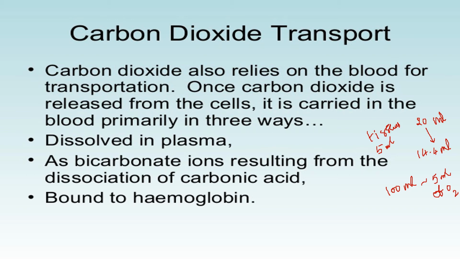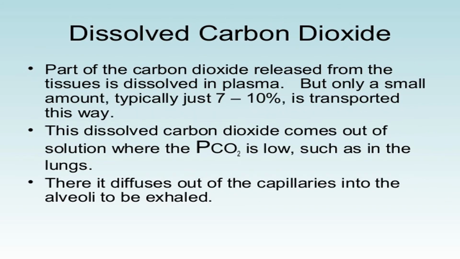Now the next is the transportation of carbon dioxide. The transportation of carbon dioxide usually happens in three different ways: in dissolved form, in the form of bicarbonate ions, and bound to hemoglobin.